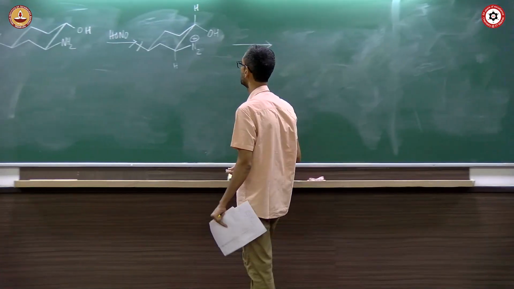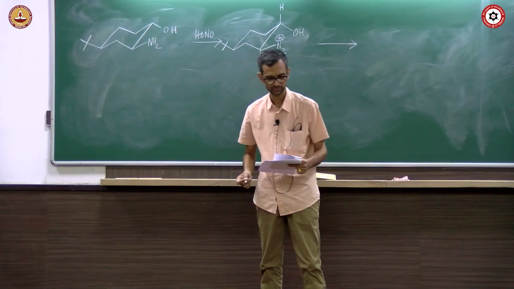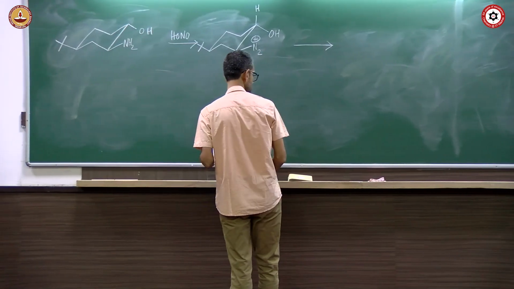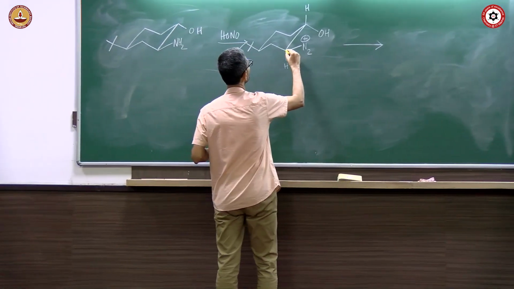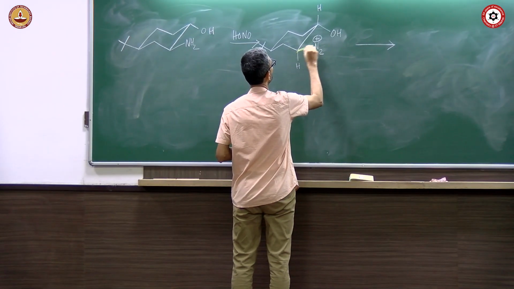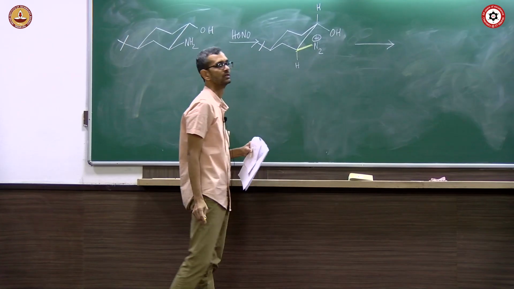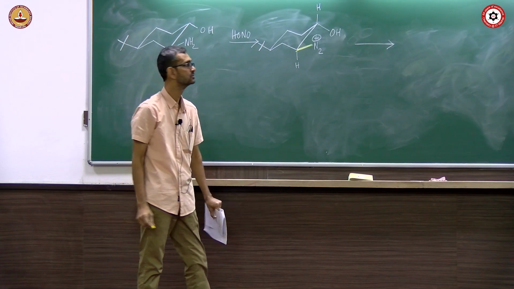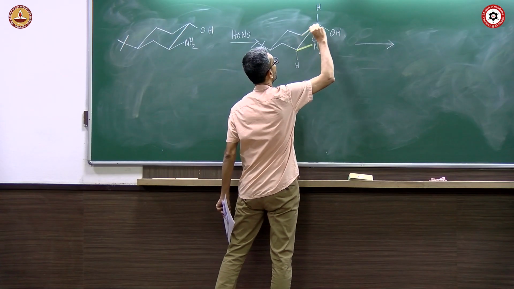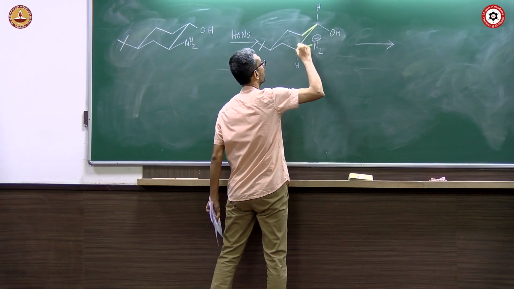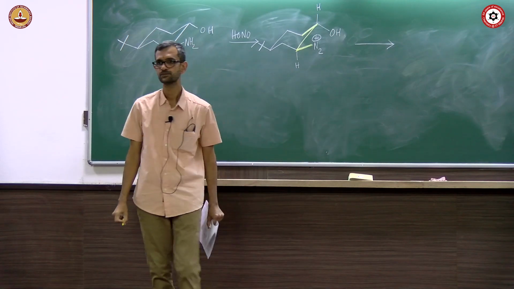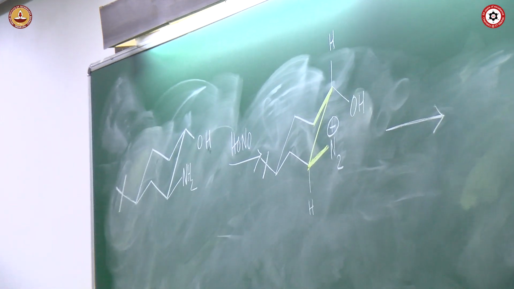Right? What is the bond that is anti-periplanar to the leaving group? Are you able to locate this?